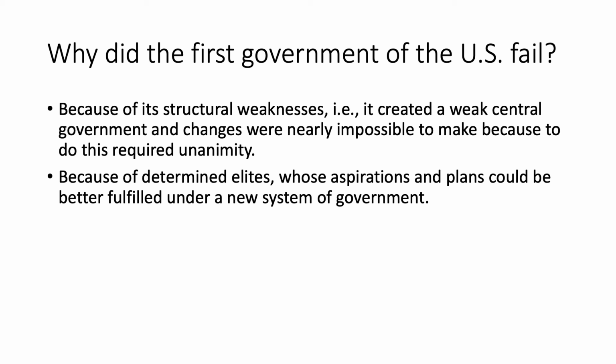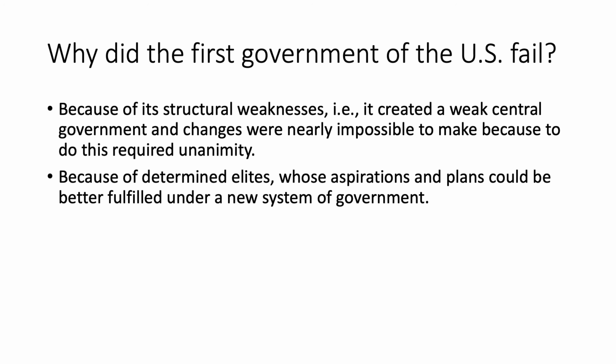So what did these elites want? They wanted a stronger central government which would be able to develop commerce, develop finance, and eventually establish the country along a more unified political system, and then later, according to the Hamiltonian vision, an industrial nation.